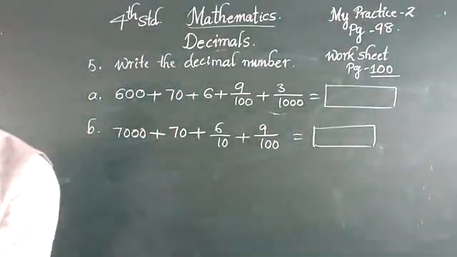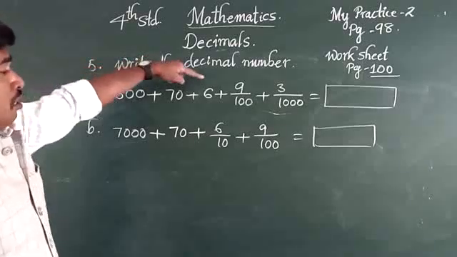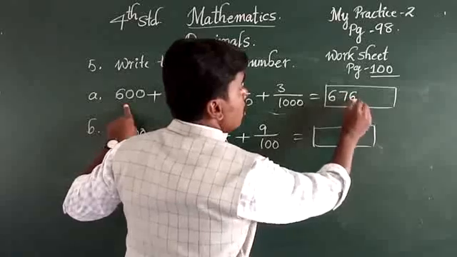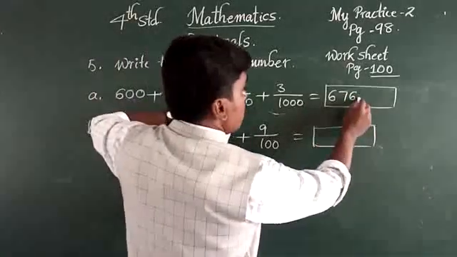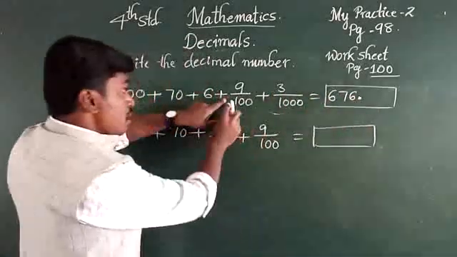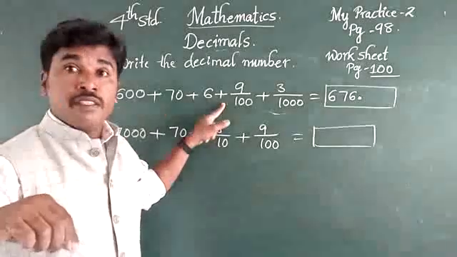Observe here children. 676. 676 point. Here decimal point starts. First place is 10th place, but they have not given the 10th place.